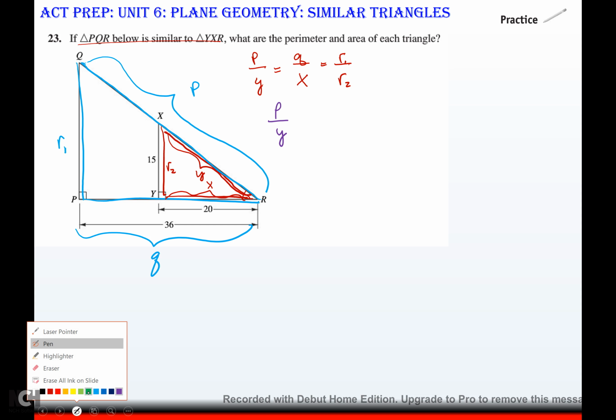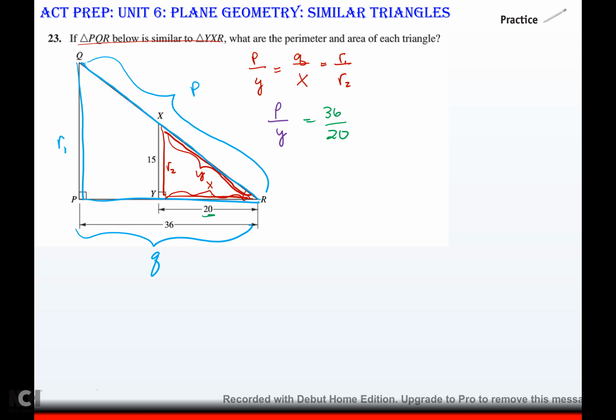Just as little q, which is 36, corresponds to little x, which is 20. Just as r1, which I don't know, corresponds to r2, which is 15. So I have to figure these ones out.